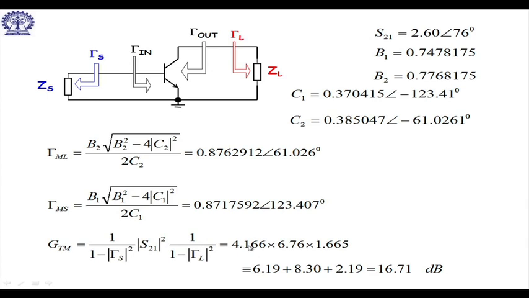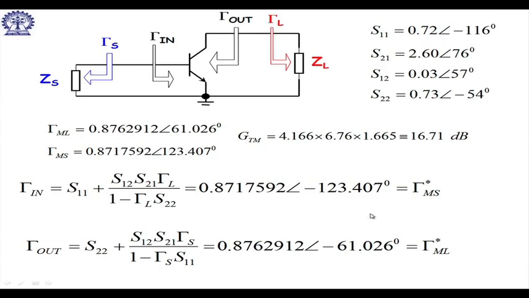So, roughly 4.1 into 1.6, or in dB scale, 6 dB and 2 dB, 8 dB, an RF microwave designer can extract additionally for the gain from the actual device whose gain is only 8.3 dB.